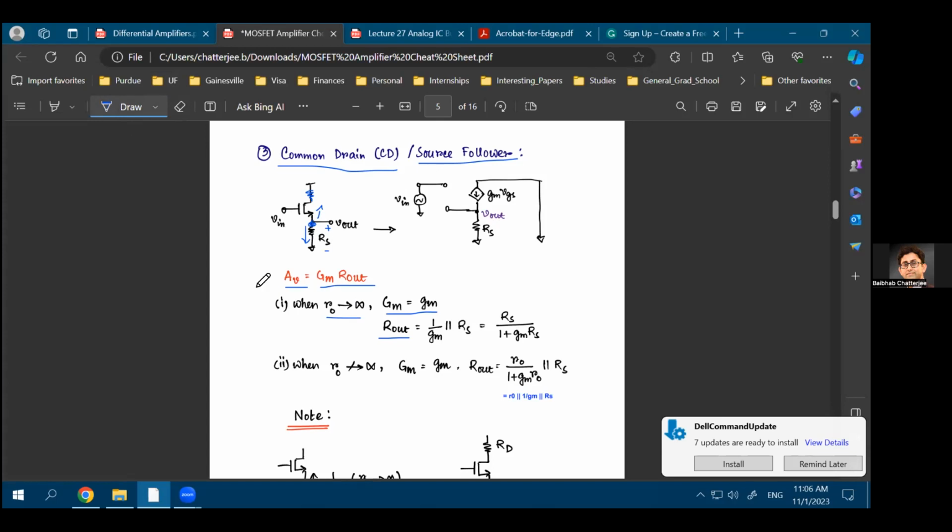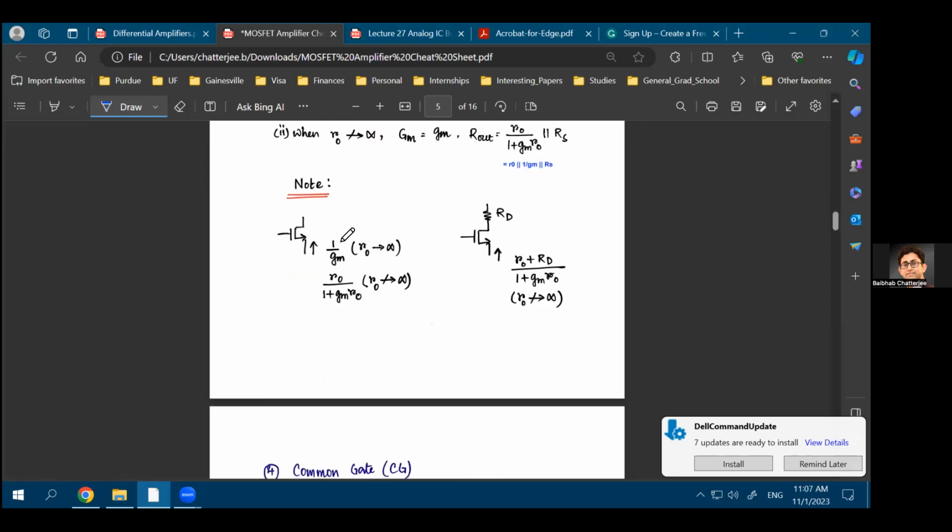That's a great question. In that case, I would recommend that you solve the small signal model. But what you will see eventually is that if you have, let's say, an RD resistance, actually I am showing it over here, connected here, then the resistance that you see is basically RO, coming from the drain to source resistance of the transistor.